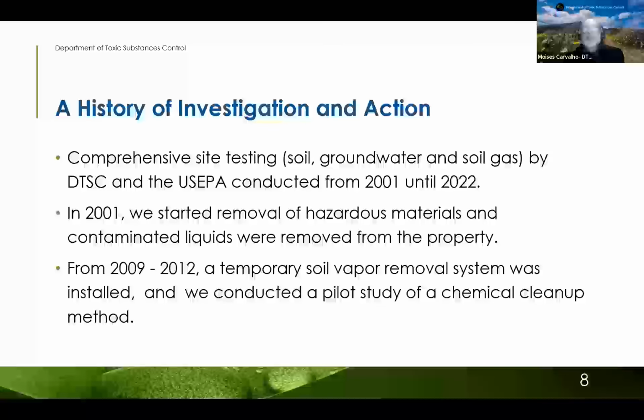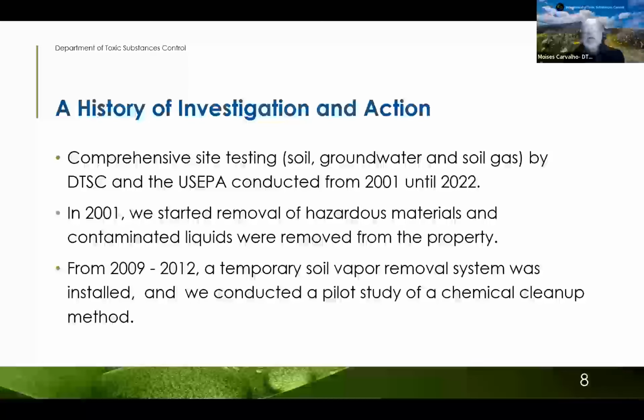As part of the investigation history, a lot of work has already been done to understand and address the contamination. After the metal plating business was abandoned, the U.S. EPA and the DTSC stepped in. We have conducted multiple investigations to map out the contamination.